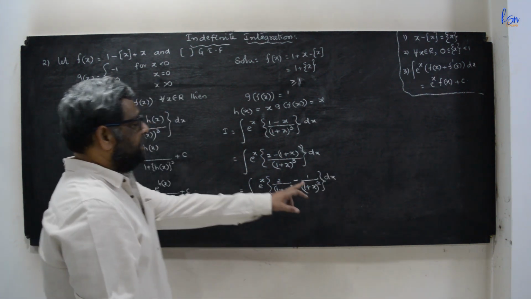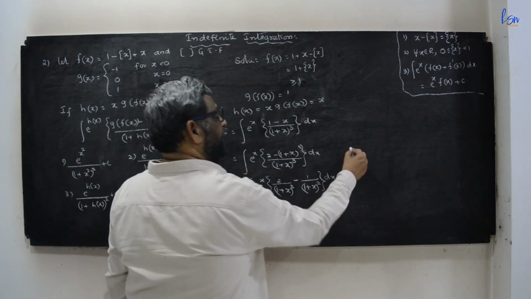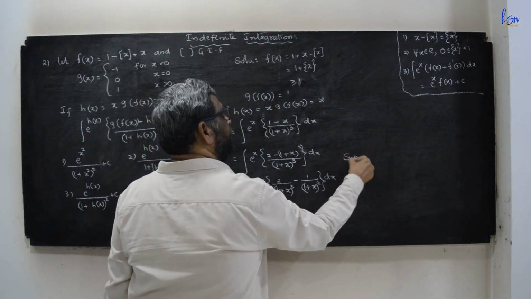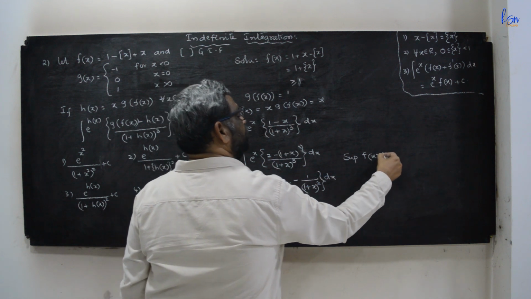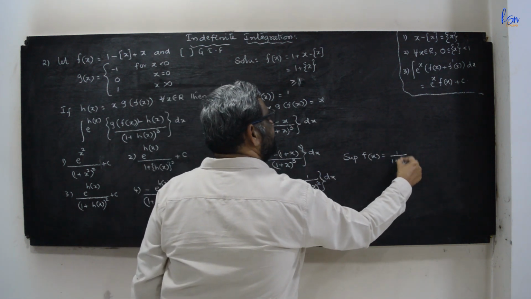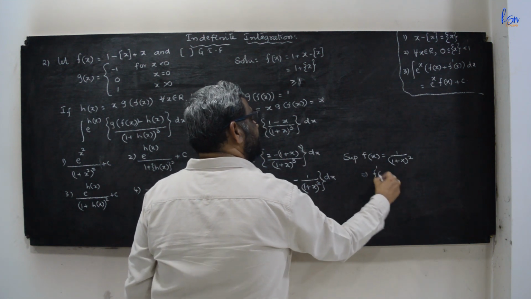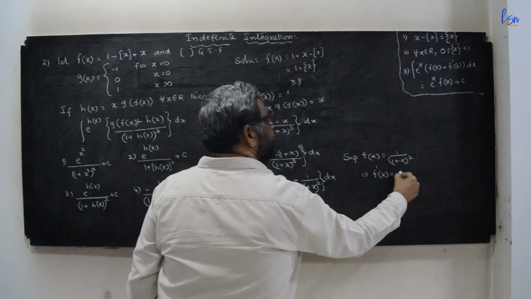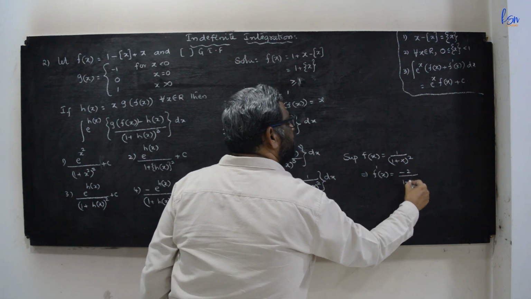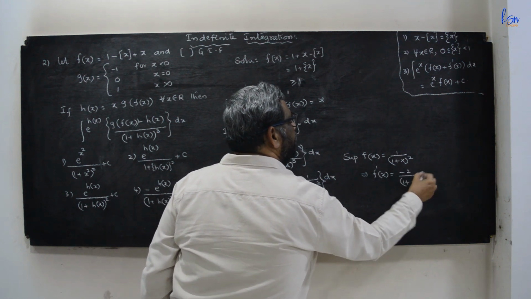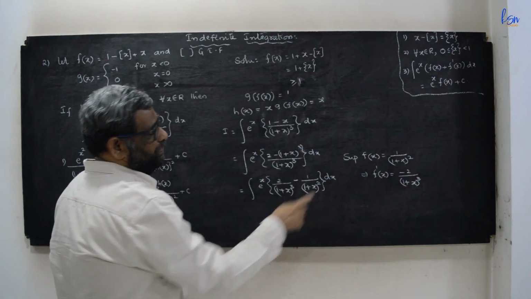Now suppose this is f of x. Suppose f of x is equal to 1 by (1 plus x) whole square. Then what is the derivative? f dash x is equal to minus 2 by (1 plus x) whole cube into the derivative of 1 plus x, which is 1.